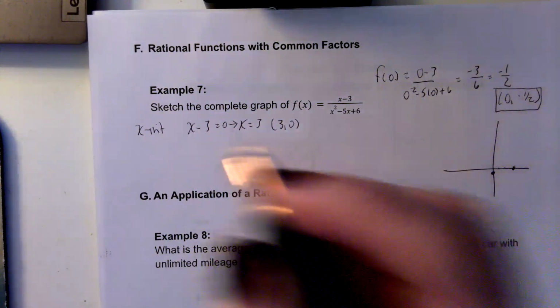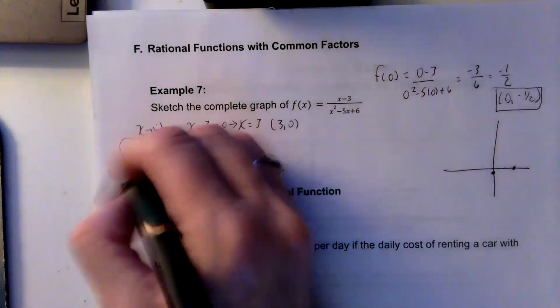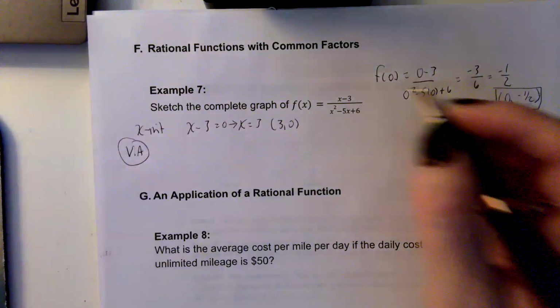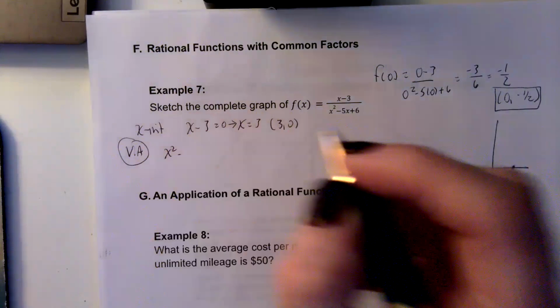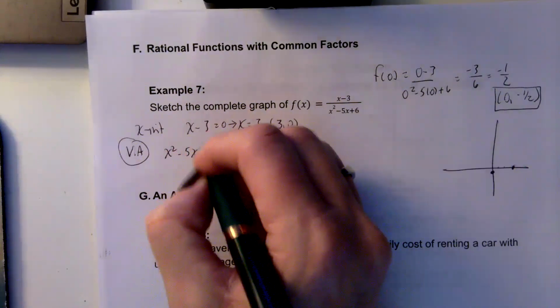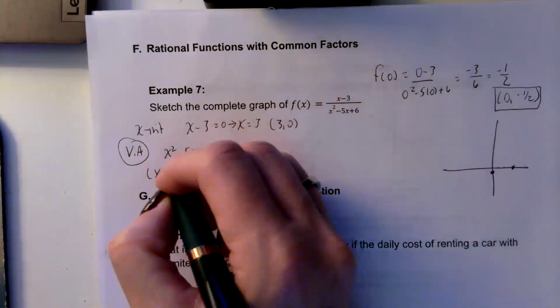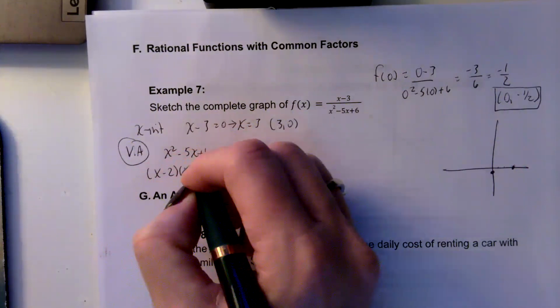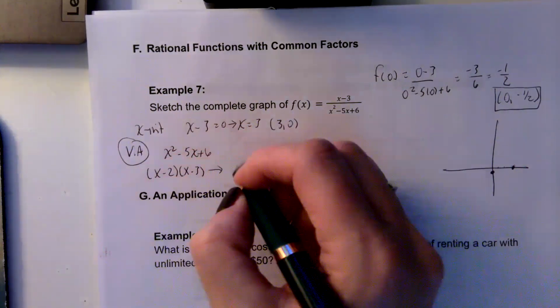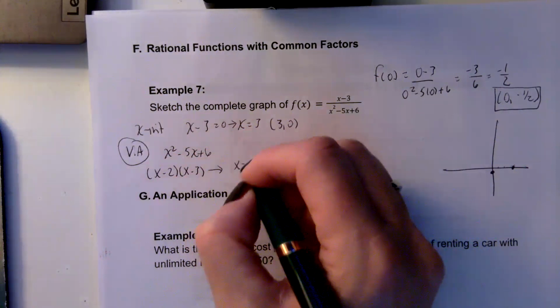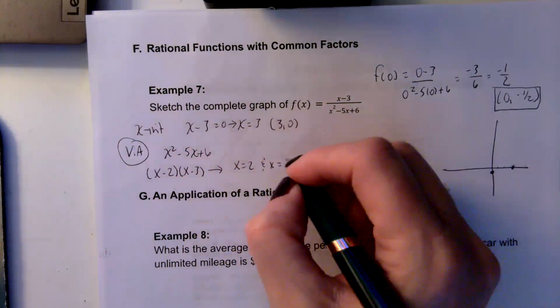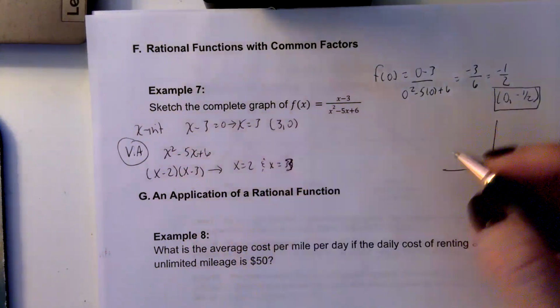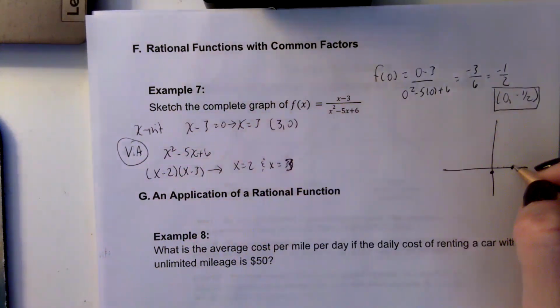My vertical asymptote is going to come from my denominator factored. So x squared minus 5x plus 6. I can factor that into x minus 2, x minus 3. So I have vertical asymptotes at x equal to 2 and x equal to 3.